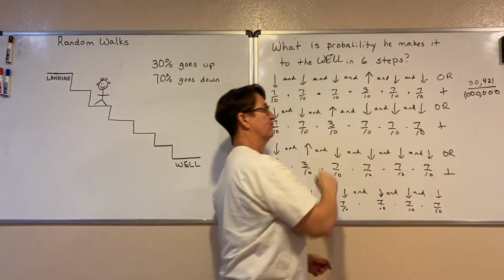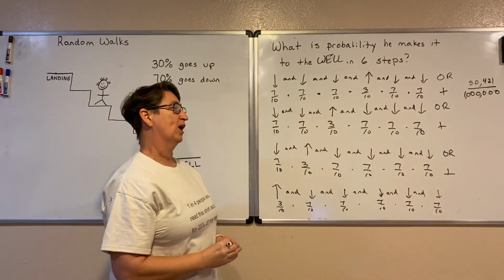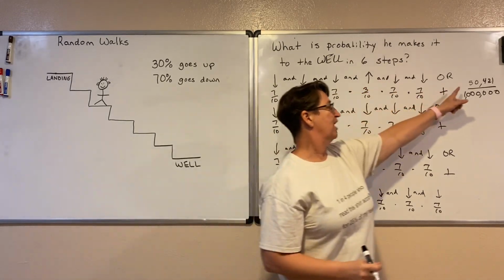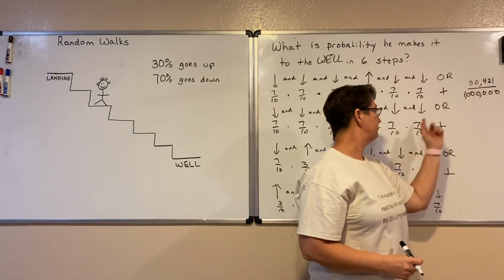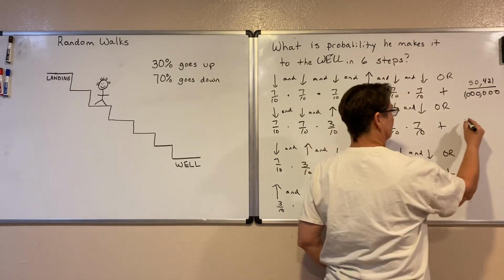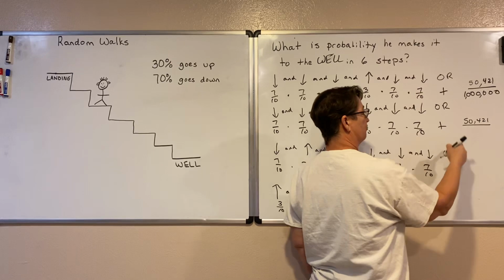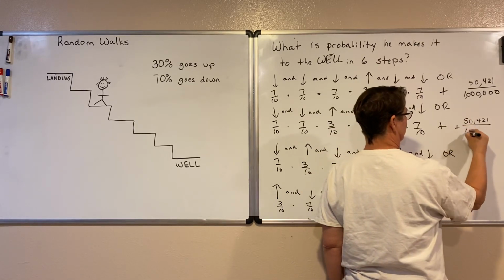So for each one of these, the chance that he makes it down to the well in 6 steps this way is 50,421 over a million. And this, when I multiply this out, it's going to be the same thing. And when I multiply this one out, it's the same thing. But I need to add them all together.